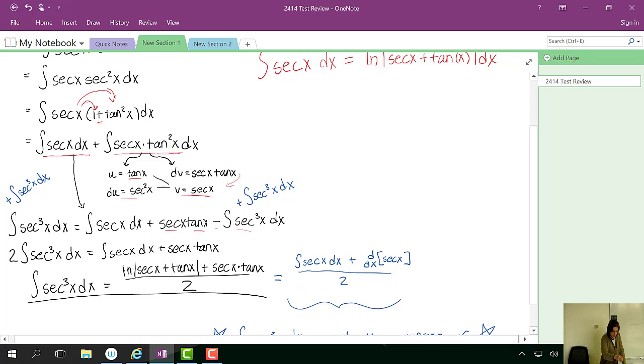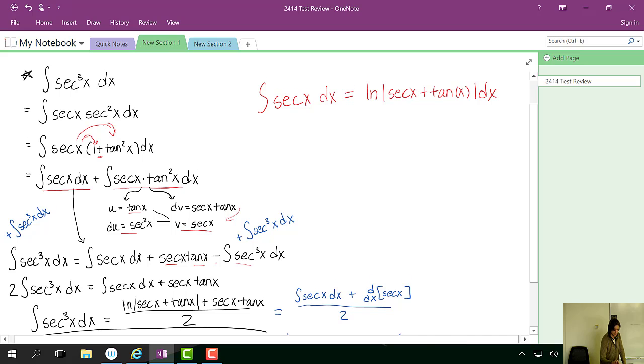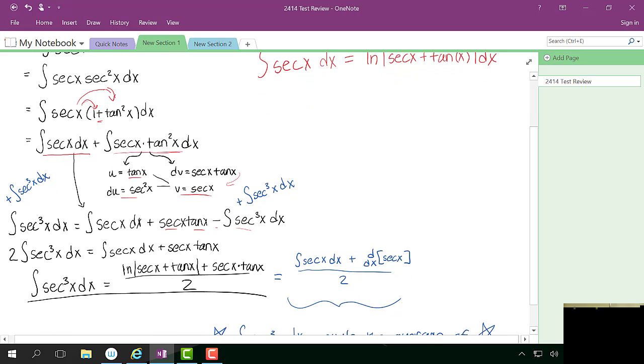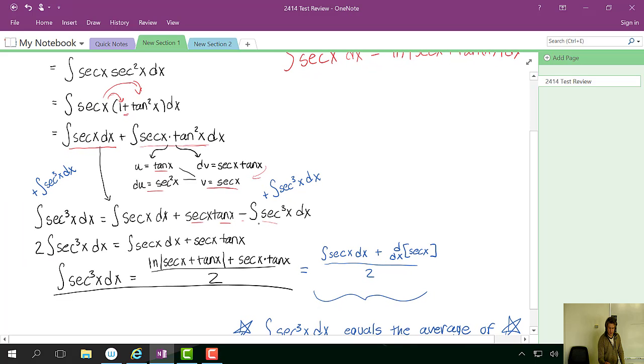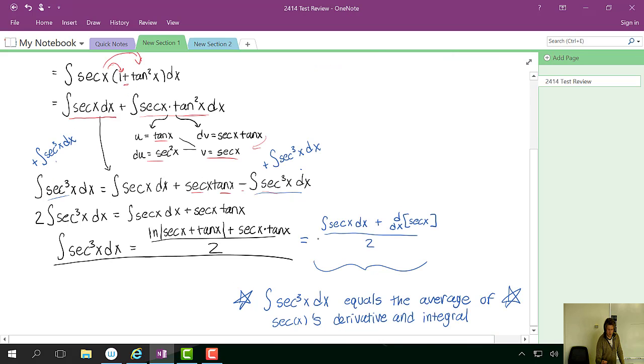And from there, the tricky part about this integral is actually, once we get to this step in the process, we have our original integral, secant cubed, is equal to, right here, integral of secant, plus the integration by parts, secant tangent minus another integral of secant cubed. The trick with this one is that we actually have to add integral of secant cubed to both sides of this equation. If we do that, this and this cancel.